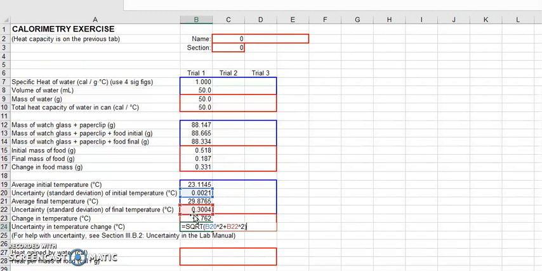And I'm going to hit enter. This should only have 4 sig figs, so I'm going to hit 4 sig figs there.